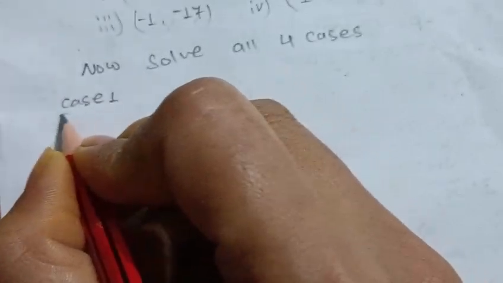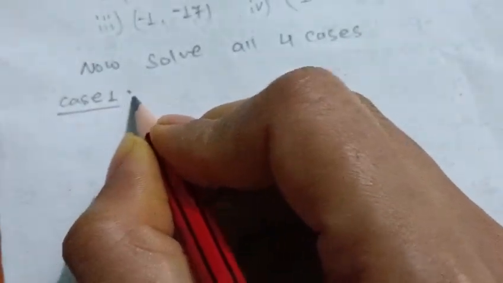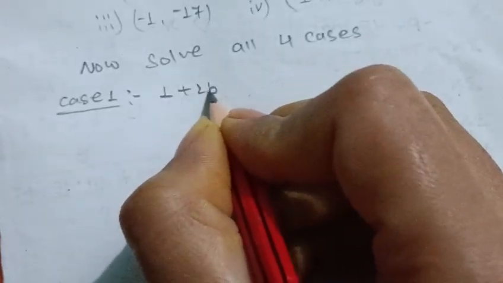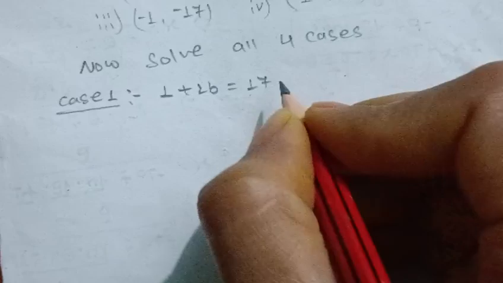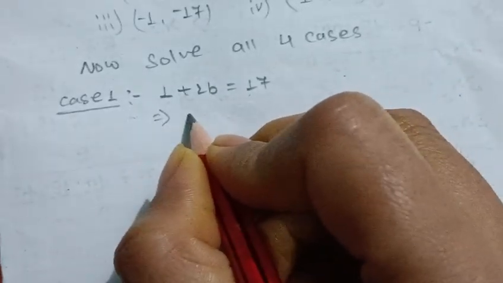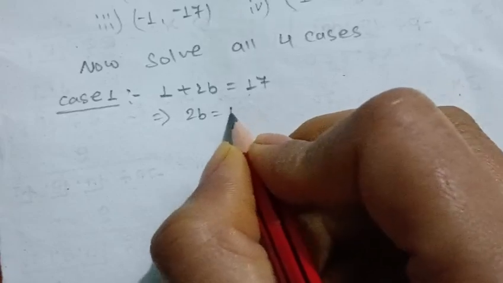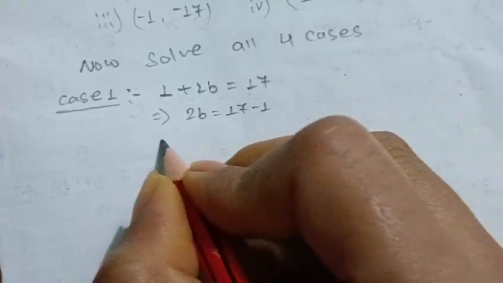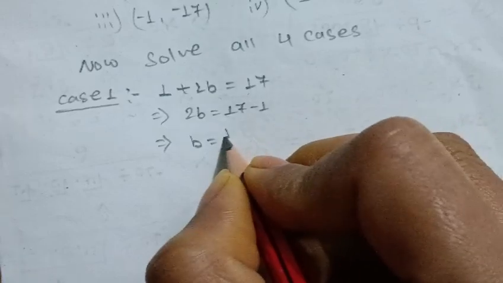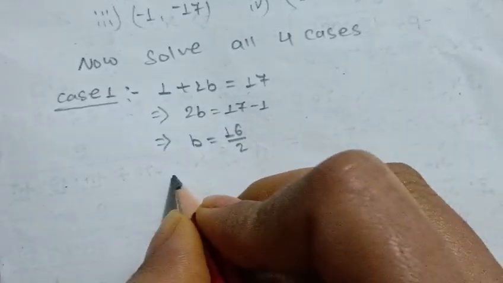Case 1. 1 plus 2b is equal to 17. 2b is equal to 17 minus 1. b is equal to 16 by 2.